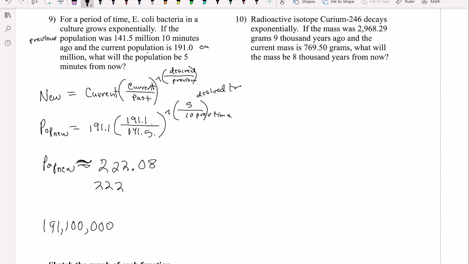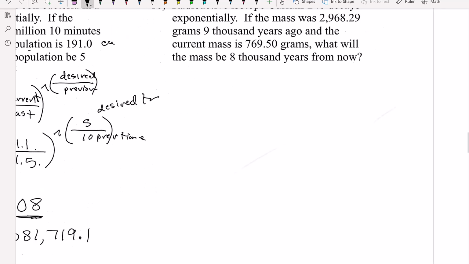Or it will look like this. So 222,081,719.1. But what they're mostly going to be focused on is this, and maybe to the 80,000s, to the hundredth place.